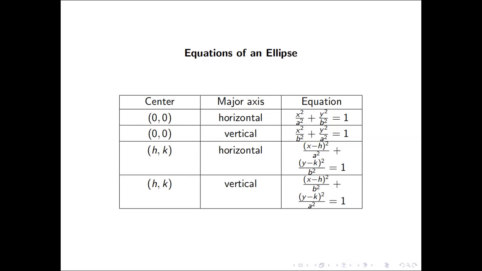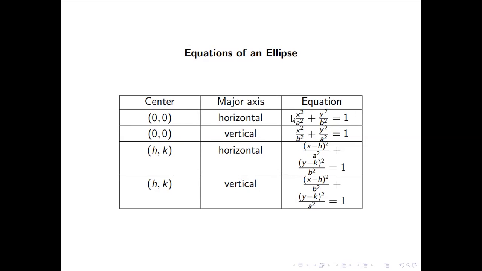But first, let's look at how the equation of an ellipse looks in general. Observe in the table that if the center is at the origin, then its equation is given by either x squared over a squared plus y squared over b squared equals 1, or x squared over b squared plus y squared over a squared equals 1.